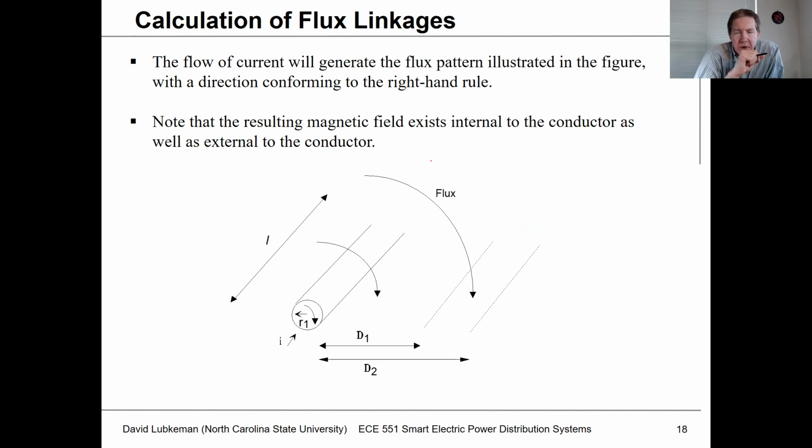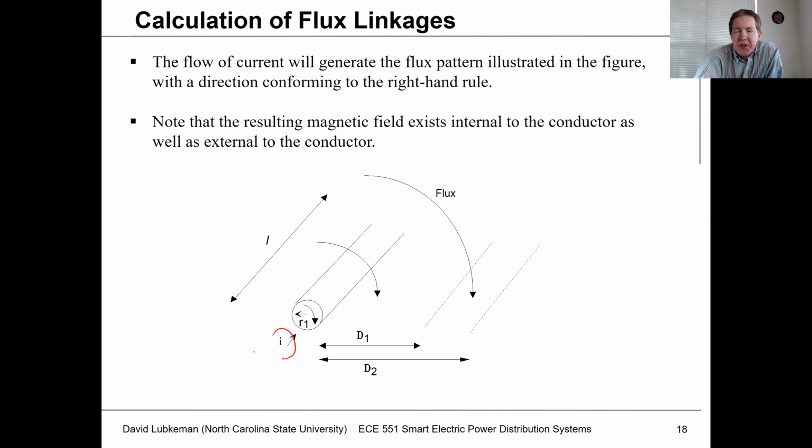So again, the notes are going to have more details on this, but basically, the way you would do the derivation of these different types of inductances, you assume that you have a conductor with a radius given by R1, and you have a current I going through it.